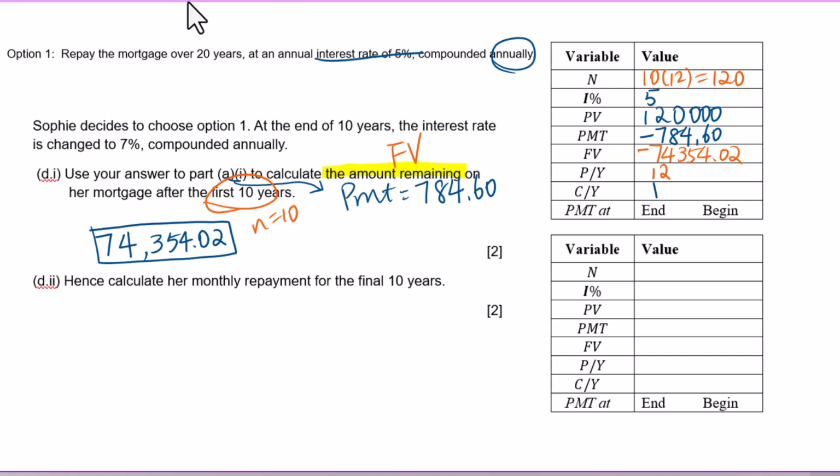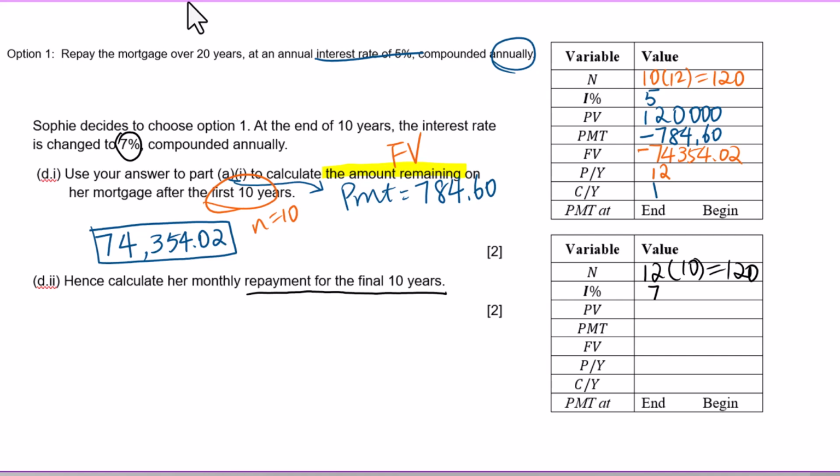A2. Hence, calculate her monthly repayment for the final 10 years. Since the interest rate is increasing, the monthly payment will be greater than $784.60. Total number of payment 12 times 10 equals 120. Interest rate this time is 7.